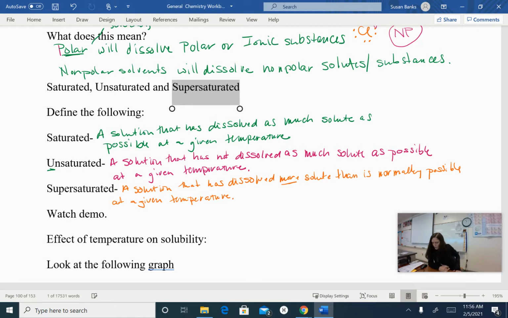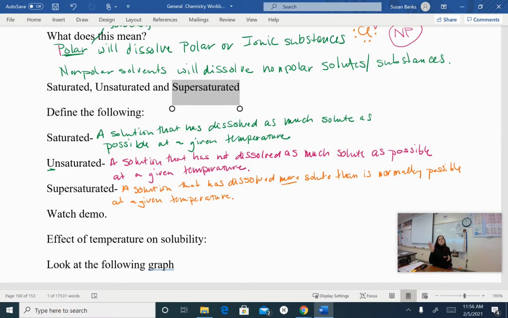So you're probably wondering, how do I get more solute in there than is normally possible? Now, if you've ever made candy, you're taking a solution of sugar and water and heating it up and boiling that so that you can get even more sugar in there.